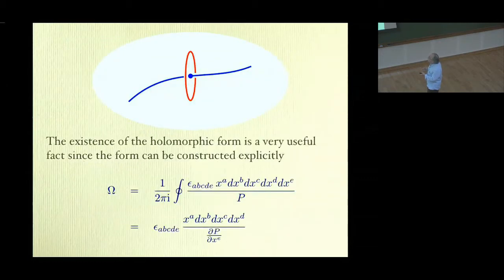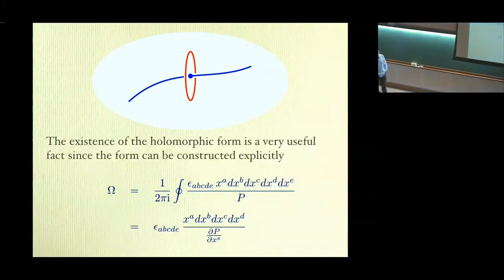Okay. And there's a beautiful point that the holomorphic three form not only exists, but it can be constructed. So if someone were to rush into the room with a gun and say, build for me a holomorphic three form. So we have a space, we start in P4, say, build for me a holomorphic three form.